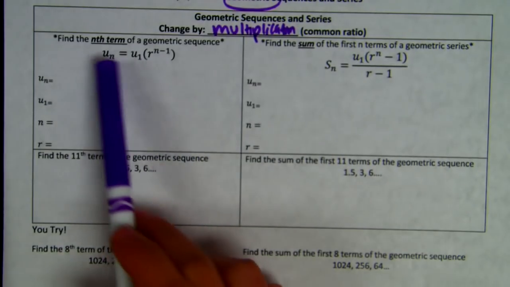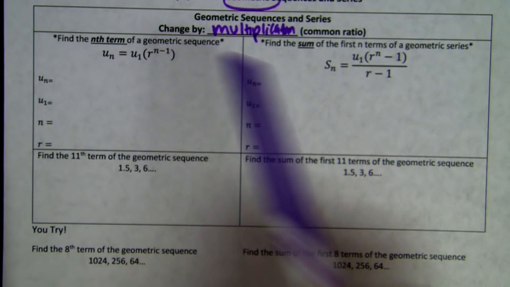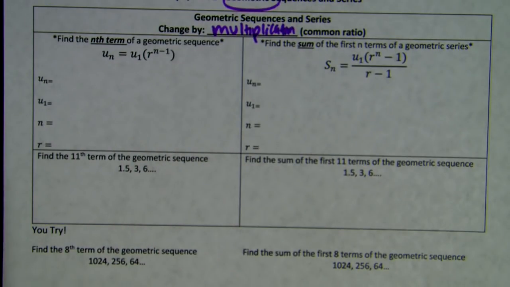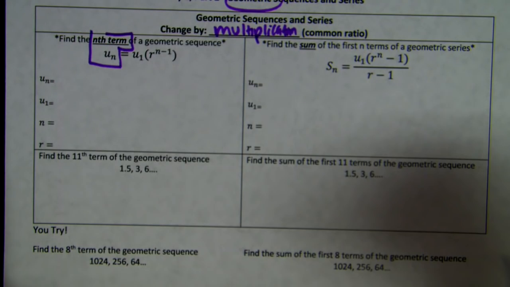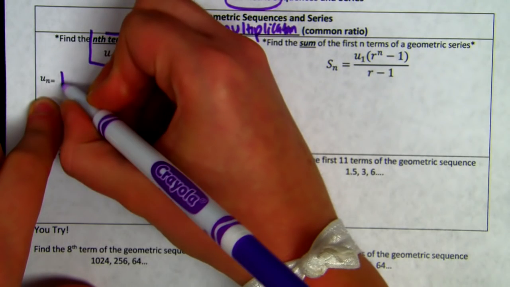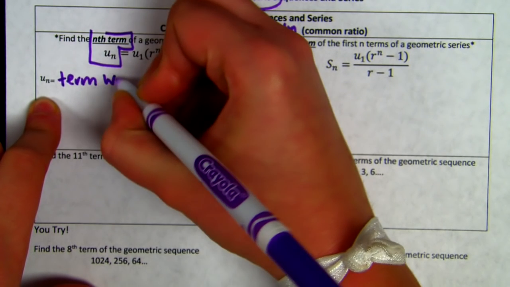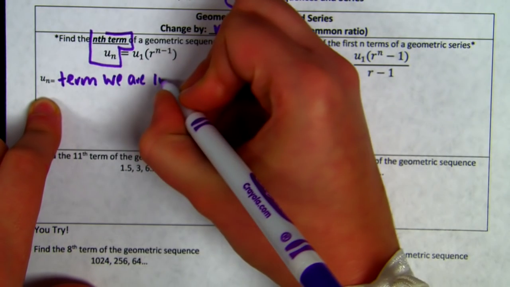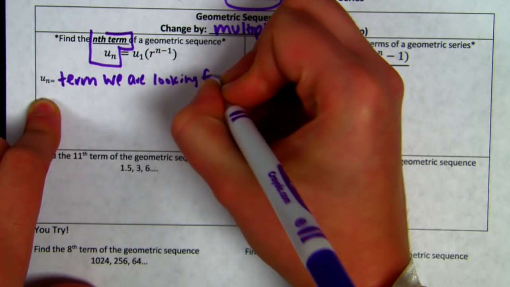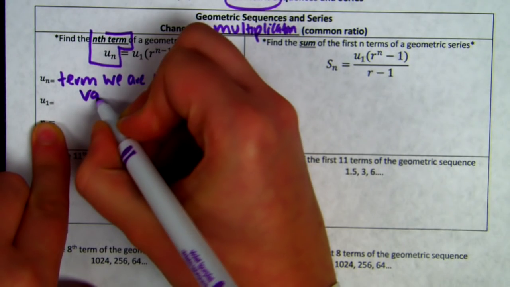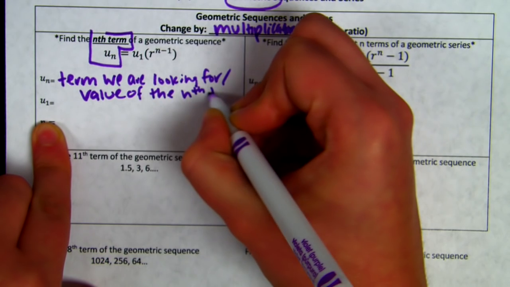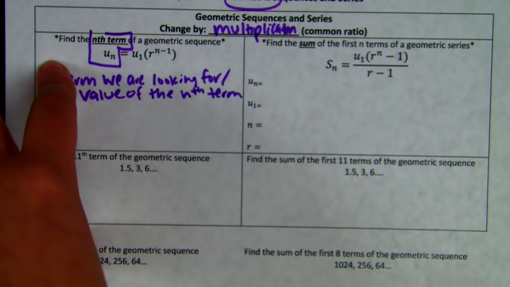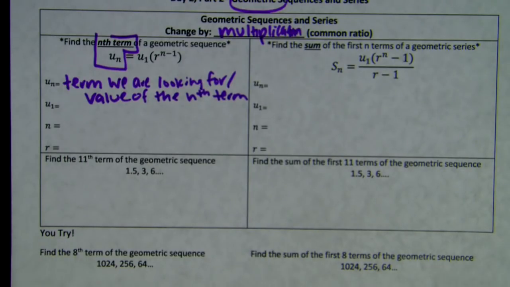So looking here, find the nth term of a geometric sequence. The nth term is associated with un. So un is equal to the term we are looking for, or the value of the nth term. So it's normally the term we're looking for, but technically it is the value of the nth term.